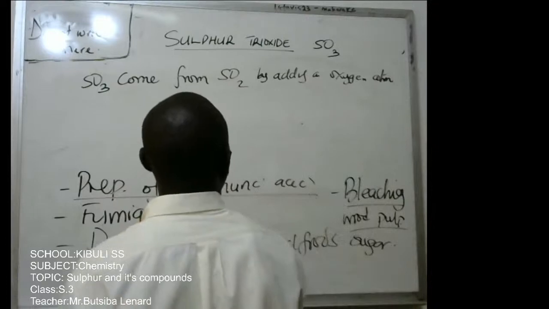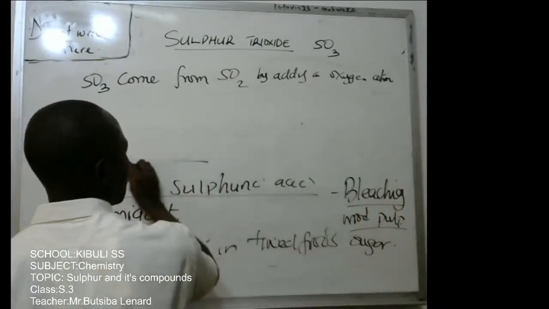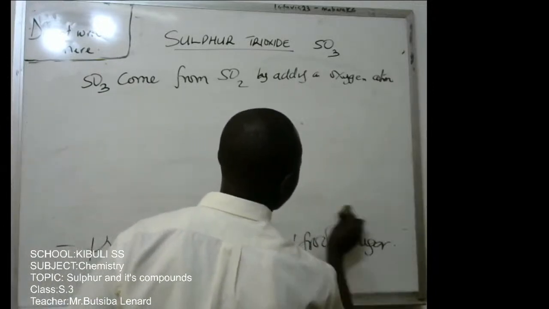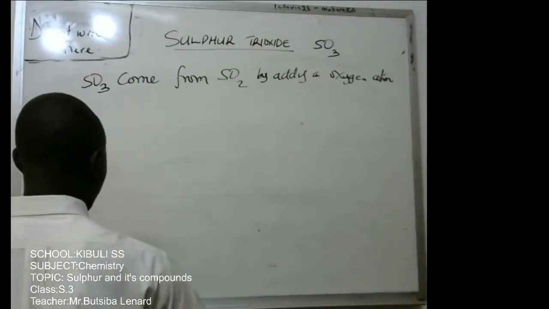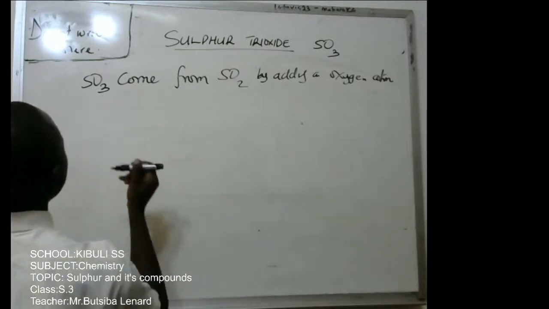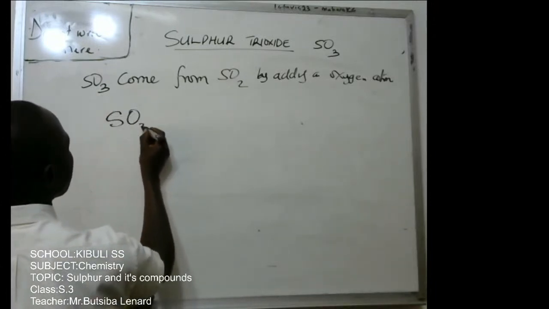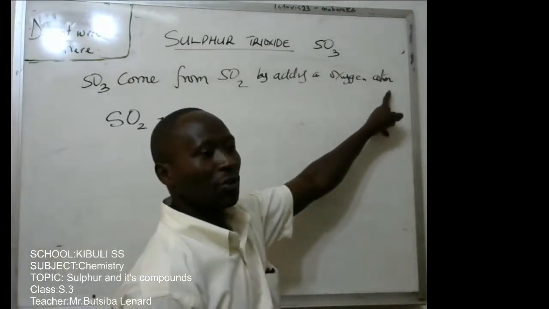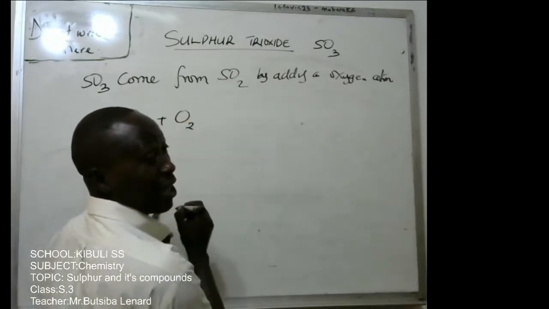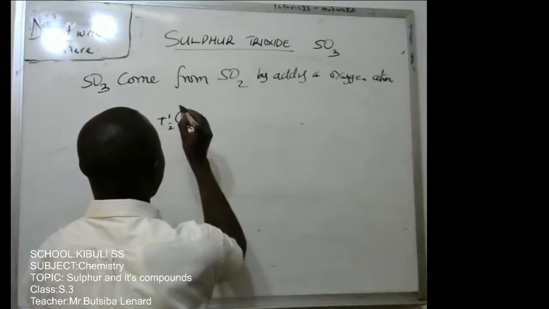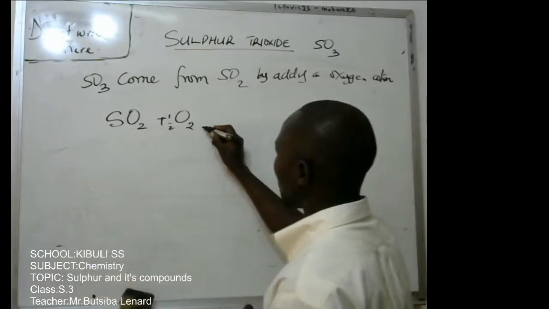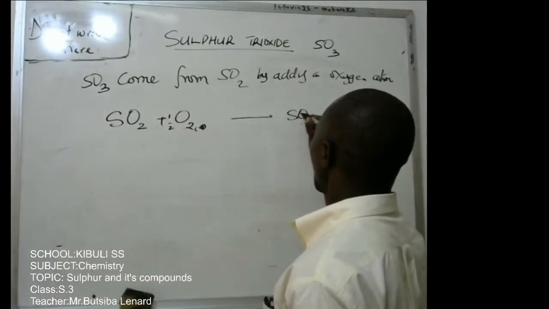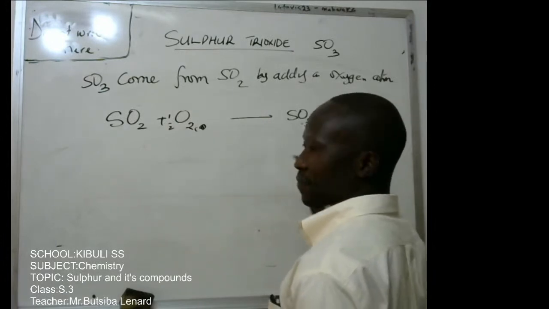This reaction does not readily take place. I'm therefore saying that with sulfur dioxide prepared, should you add one atom of oxygen, an atom meaning an oxygen molecule divided by 2, a gas, you'll get sulfur trioxide, a gas.